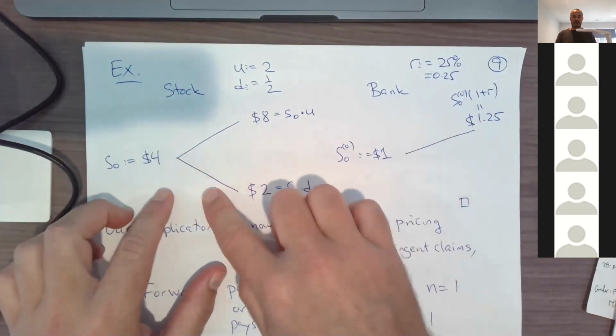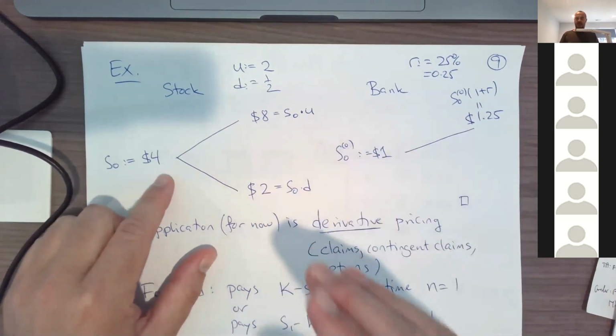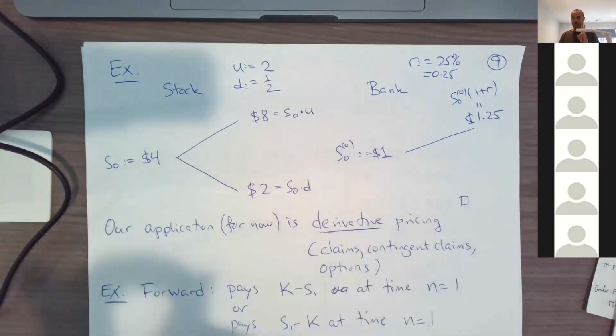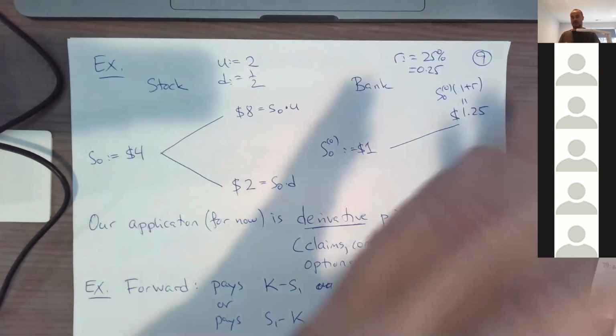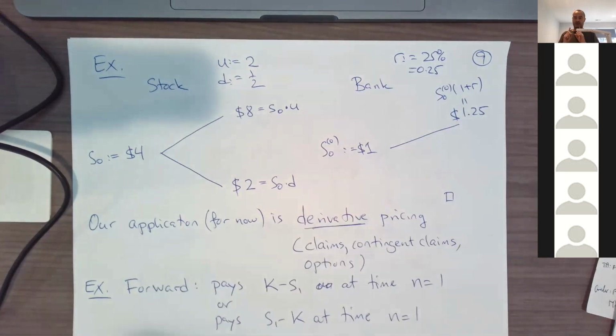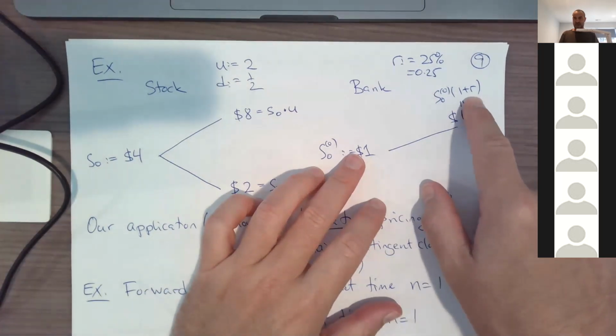It will allow you to create the picture of the stock, so you will know that in a binomial model, the future stock price has two possible values. Two. That's why it's called a binomial model. Whereas the risk-free security, in this case, we're going to call the bank, only has one possible future value. The bank carries an interest rate, in this case, 25%.